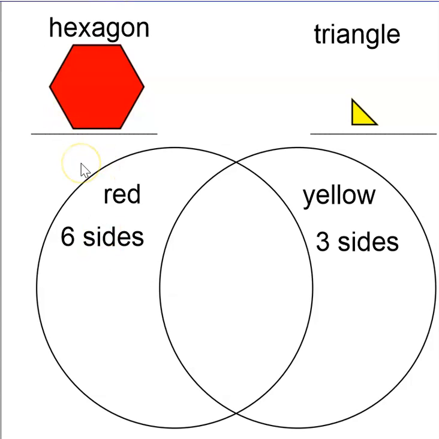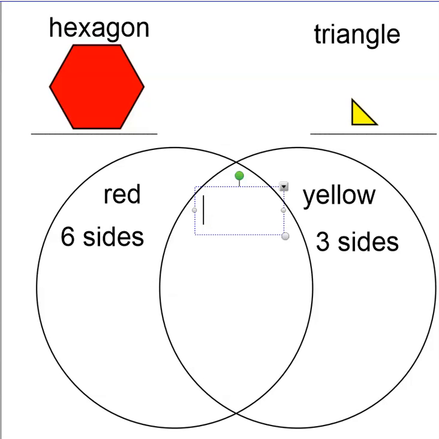But I'm noticing something about the sides. So I'm noticing that they are not curved. So like a circle would have a curved line, but they do not. What kind of lines do they have?